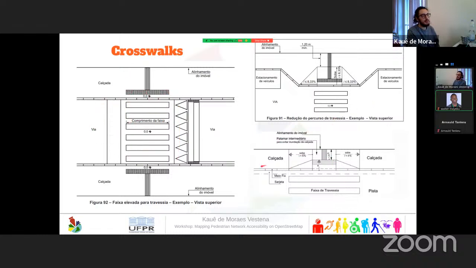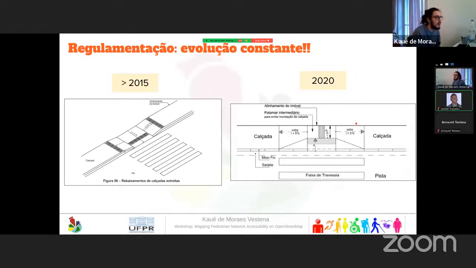And if you have very narrow sidewalks, you have this kind of ramp that you can install. And it's interesting because the regulation is always evolving. I just forgot to translate here, but in 2015 it was like this, but it used to cause some flooding here. Okay, and then we have this adaptation.